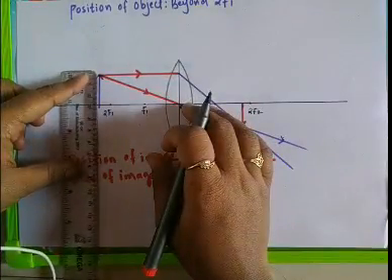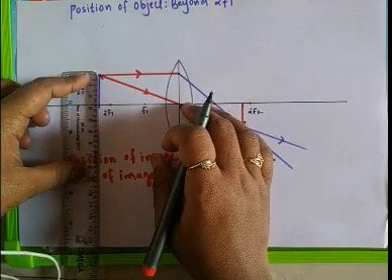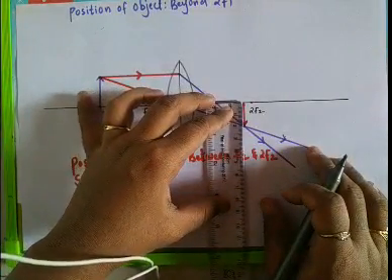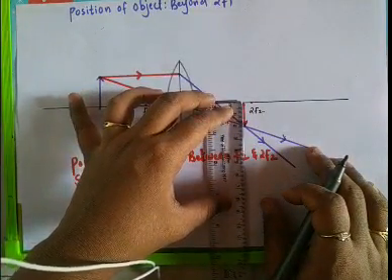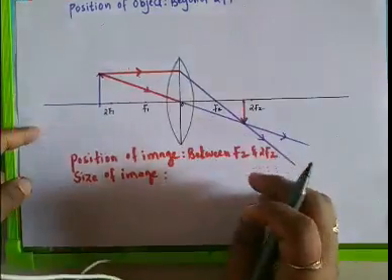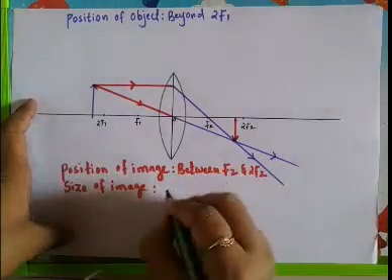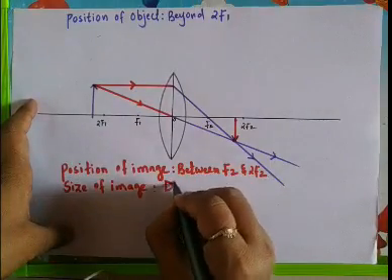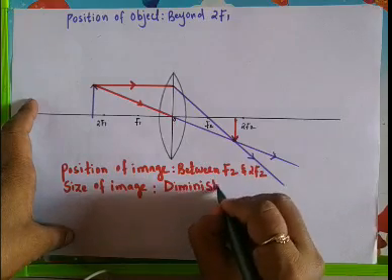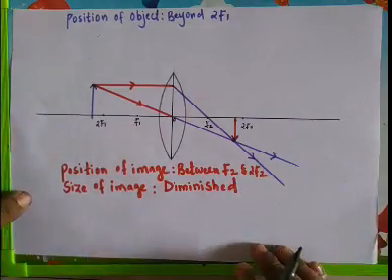See, my object is of 2.8 centimeter and image is 2 centimeter. It means image is smaller than object. So I can write the size of image is diminished. If the image is smaller than object, then the size of image would be diminished.